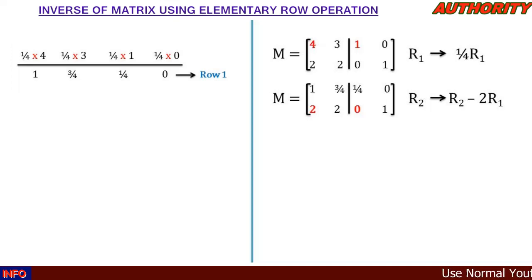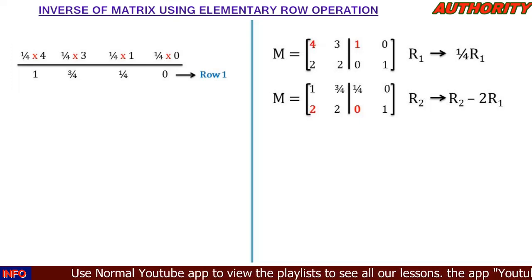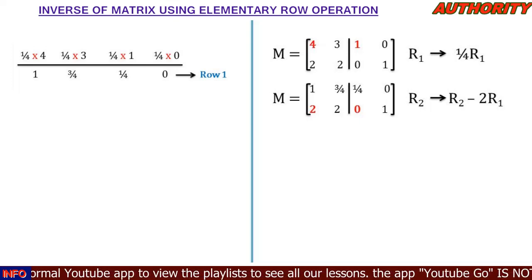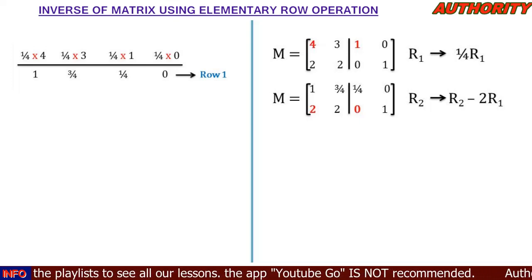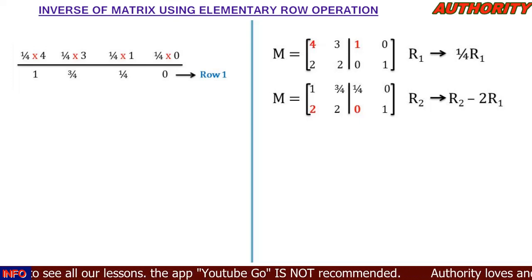Why? Because we want to make this pivot element to be 0. Whatsoever operation you perform on a pivot element, you make sure you perform it on the rest. So the entire row 2 should be replaced with row 2 minus 2 multiplied by row 1.